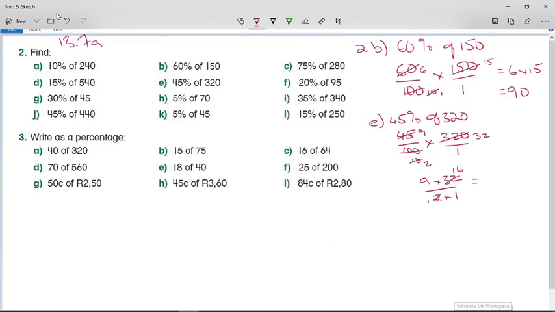So now I'm left with 9 times 16. So 9 sixes are 54, carry the 5, 9 times 1 is 9, add 5. My answer is 144. So that's how you do number 2. You take the percentage and you turn it into a fraction, and when you see of, you multiply.